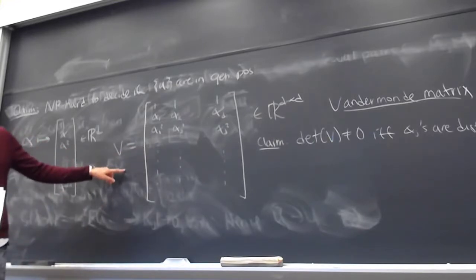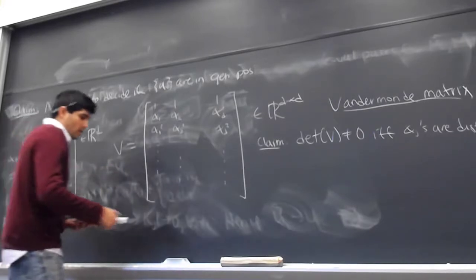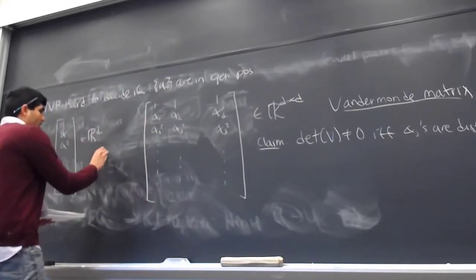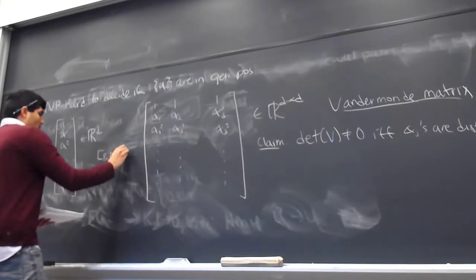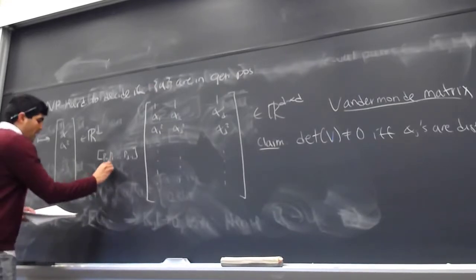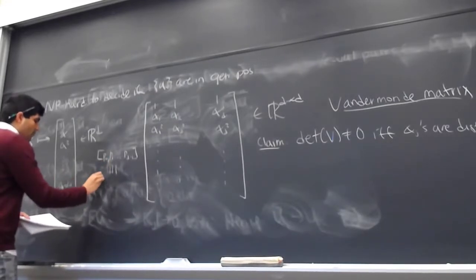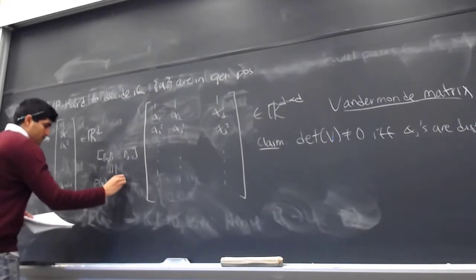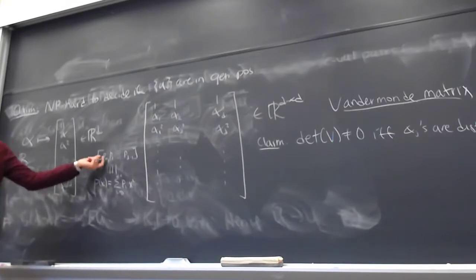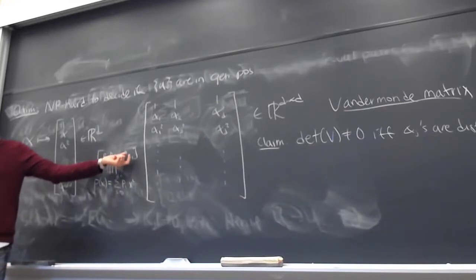So imagine that I left multiply this Vandermonde matrix by some vector. Let me write out what that looks like. We left multiply by some vector p0, p1, up to p_(d-1). Then what I'm claiming is that we can actually think about this as being a polynomial, in just the natural way that the first coefficient is the constant term, the second one is the linear term, all the way out to d minus 1.